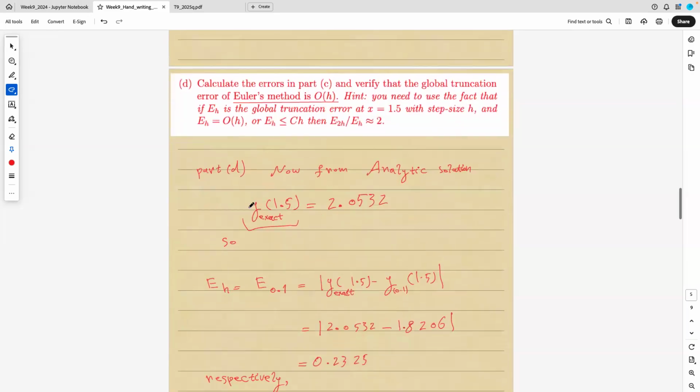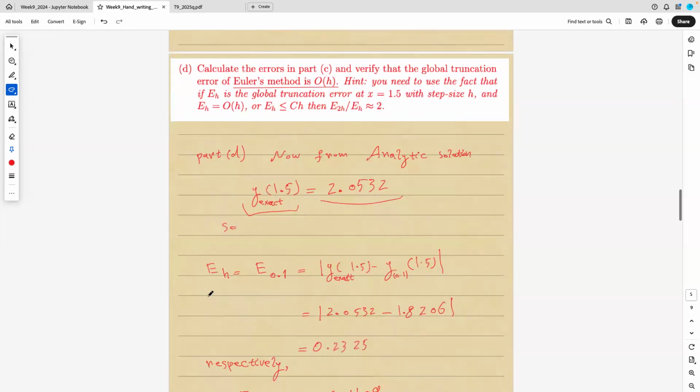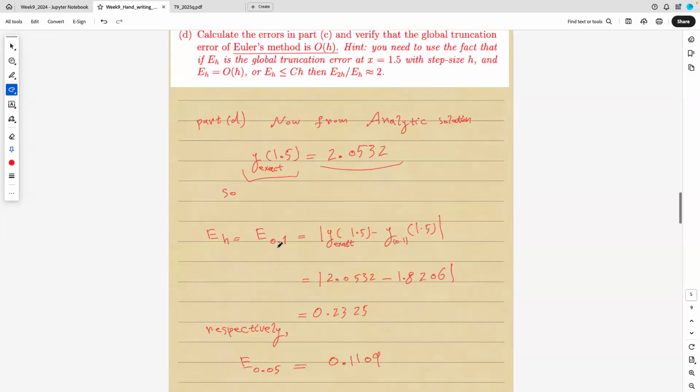All right, part D. So y of 1.5 using the analytic solution will give us this guy here. Using the step size of 1/10, it is the subtraction of the exact solution and the numerical solution, which is this guy and this one, and the subtraction is this one.